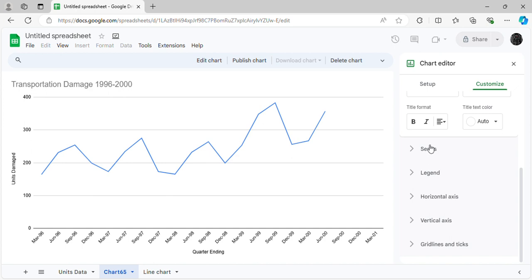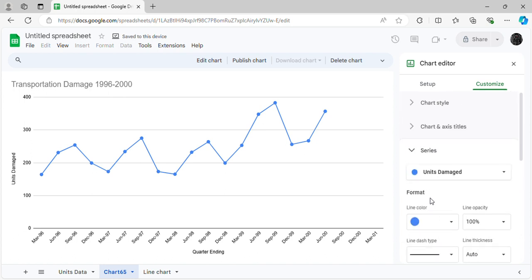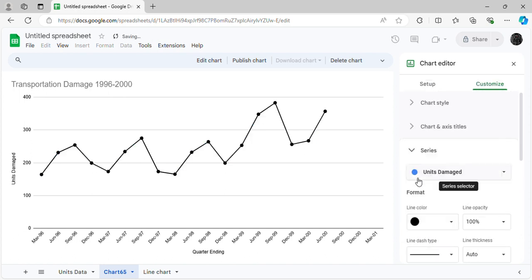So click on series and for the point size, select 7px, and for the line color, select black. Now let's show the tick labels.